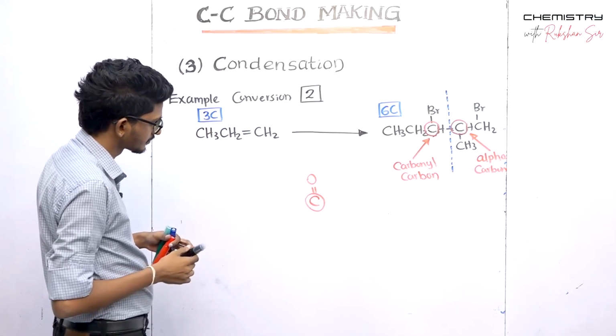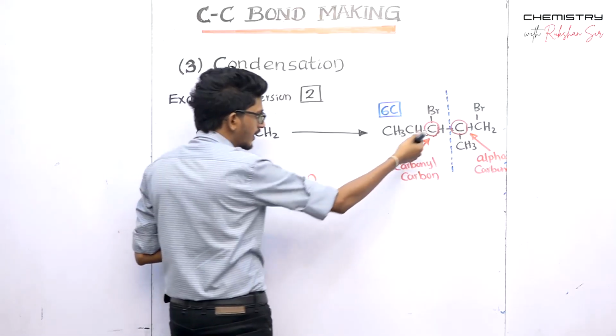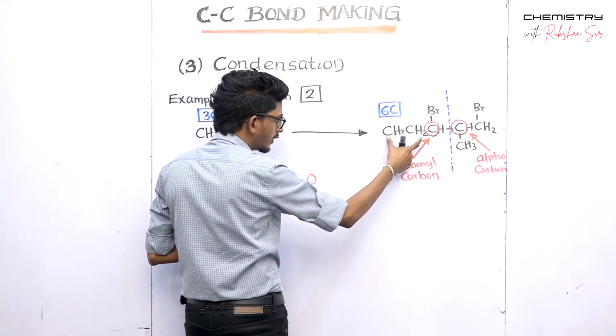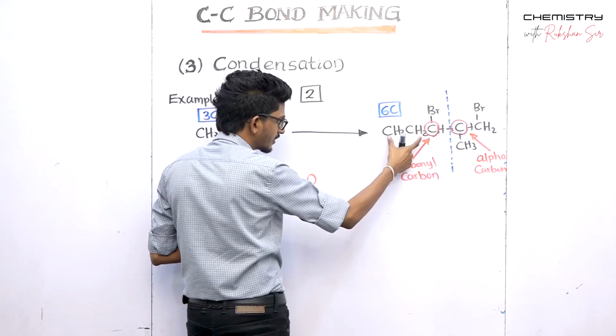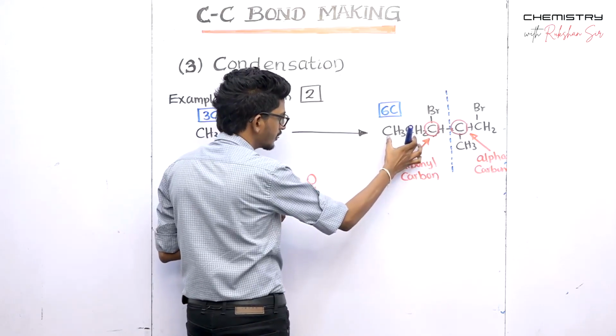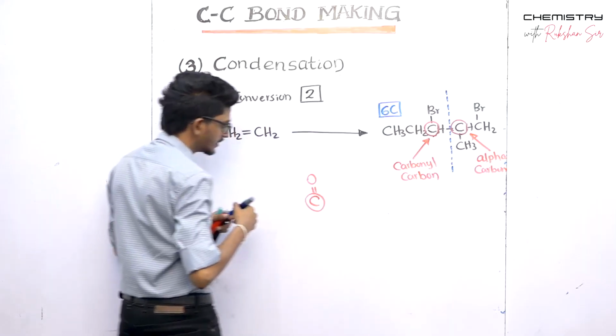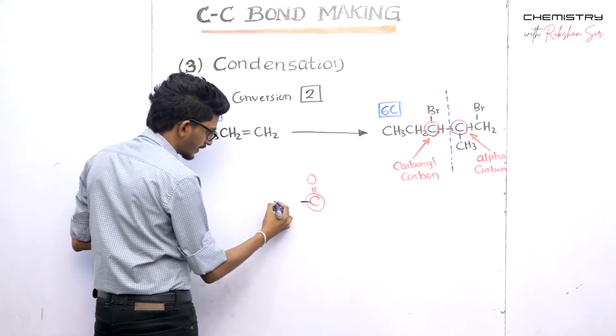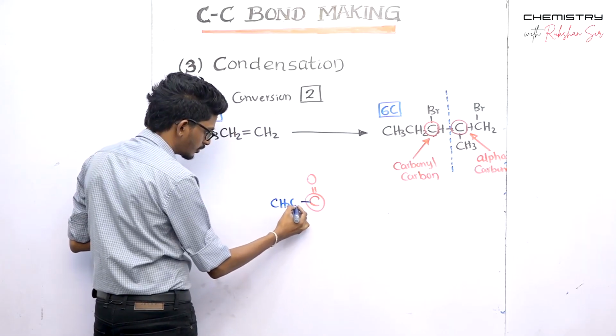Then, to that carbonyl carbon, this is the only R group connected, the CH3CH2 group. That is the only R group connected to this carbonyl carbon. So I'll write it like this, CH3CH2.